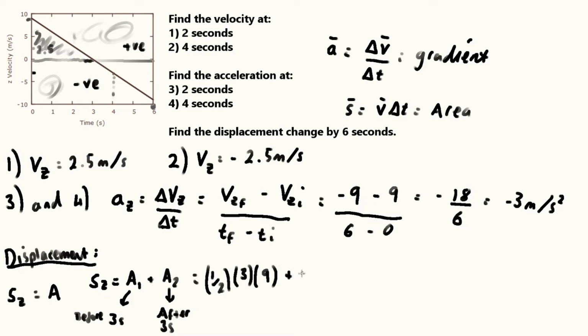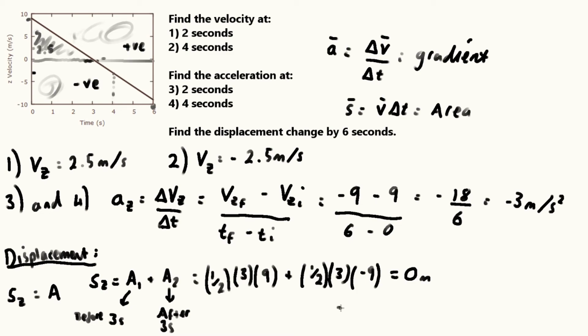Now we add on the second area, which is once again 1/2 times the base times the height, where the base is this distance here, which is 6 minus 3, which is 3 seconds, and then the height. But now you see the height is going downwards, meaning that our height is now -9. And you should be able to see that these two will cancel each other out, meaning we get 0.